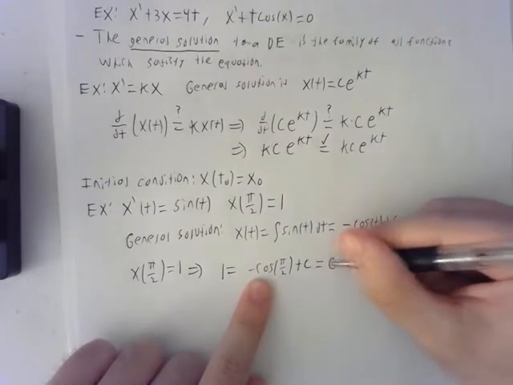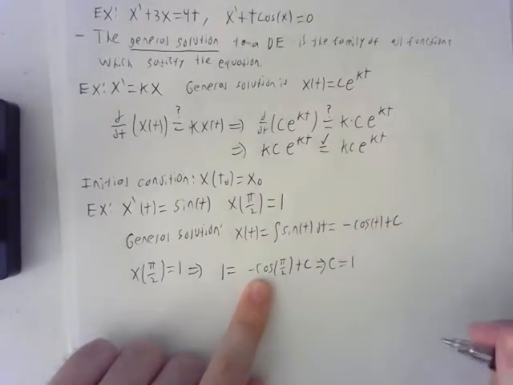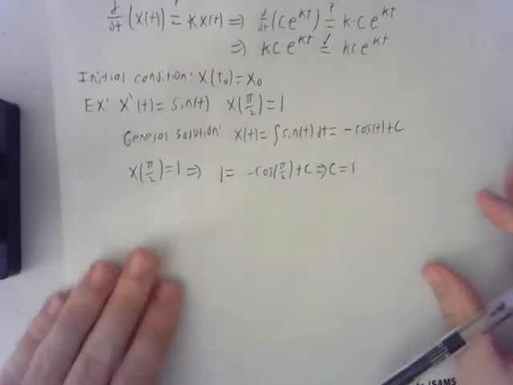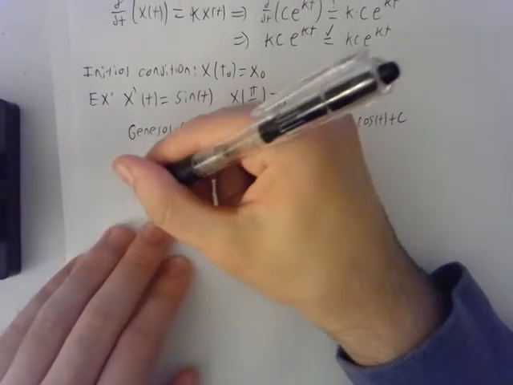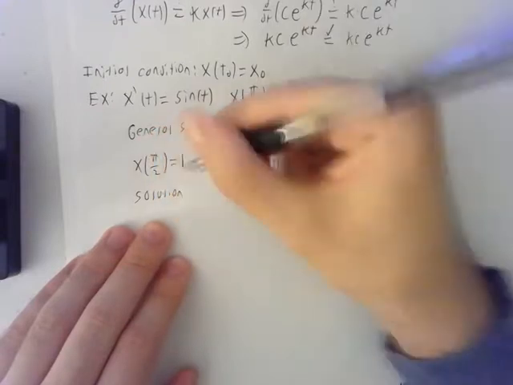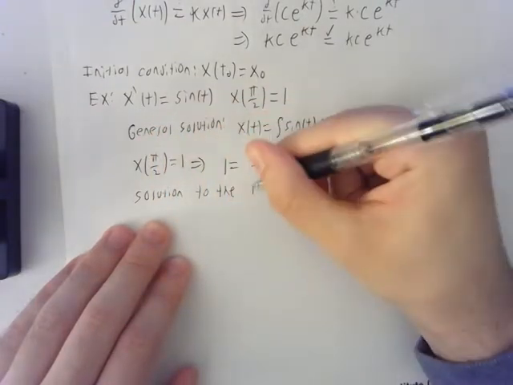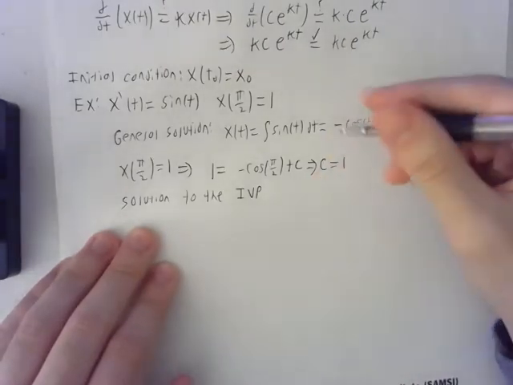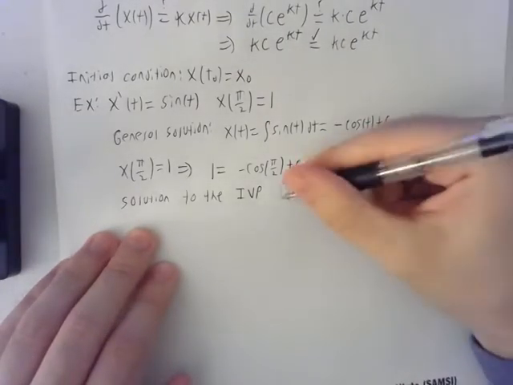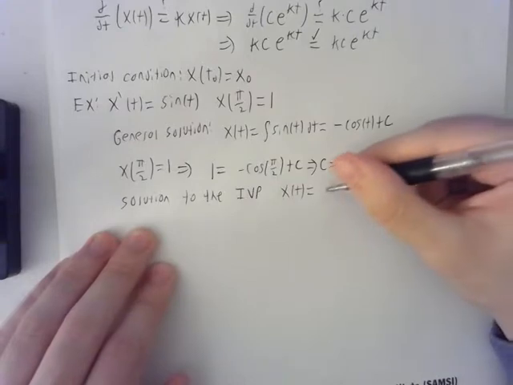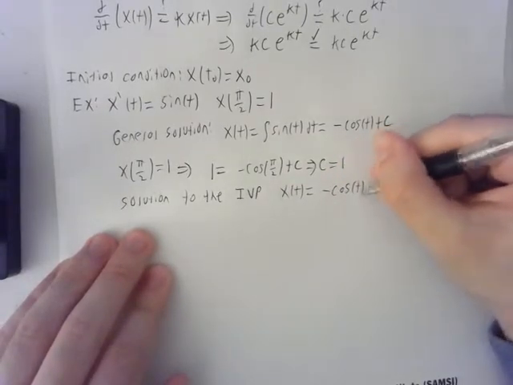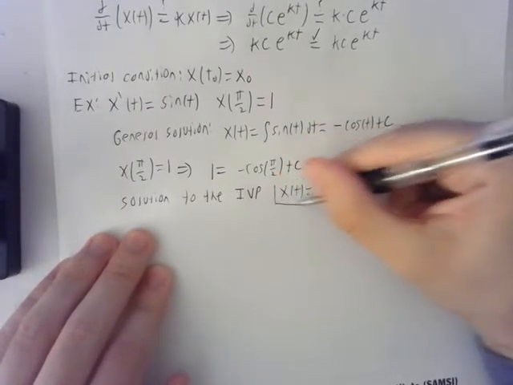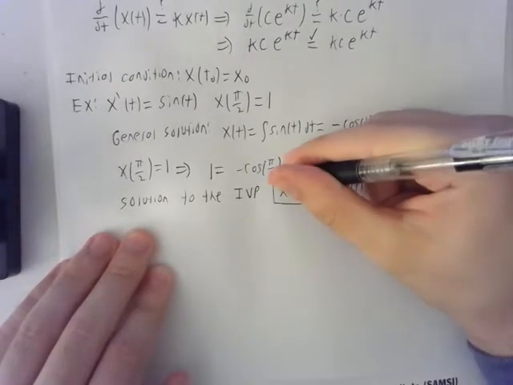So that means that c is equal to 1. Now that we know c, we can say that the solution to the initial value problem, which is often abbreviated as IVP, is going to be x of t equals negative cosine of t plus 1. And this is the unique solution to the initial value problem.